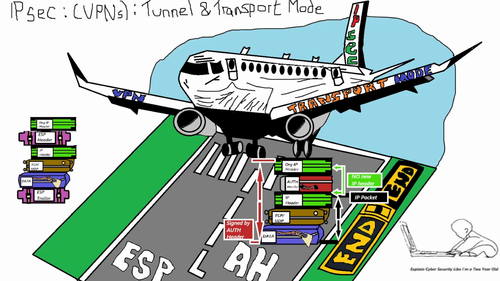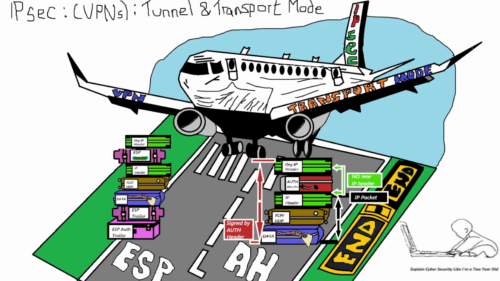So let's remove that and add the ESP header, which ironically can do the authentication anyway, but has the bonus of encryption. Again, the ESP header and the ESP trailer are then encapsulated within the ESP auth trailer. But remember that critical nuance, the original IP header remains intact at the top of the suitcase stack. Hey, that rhymes. Oh yeah.